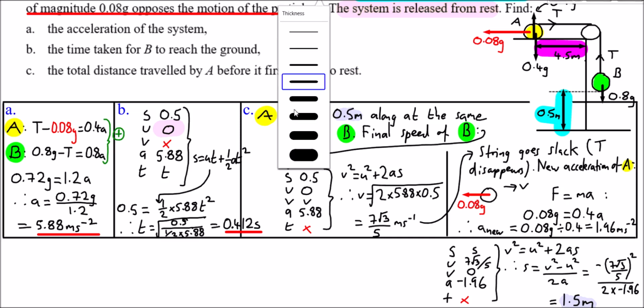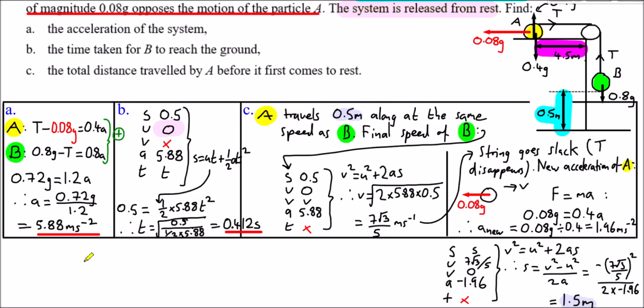So the total distance travelled by A is 0.5 plus 1.5. It is 0.5 meters when it's moving with B. Then B hits the ground, tension disappears, and then it's slowed down to rest by 0.08 g.